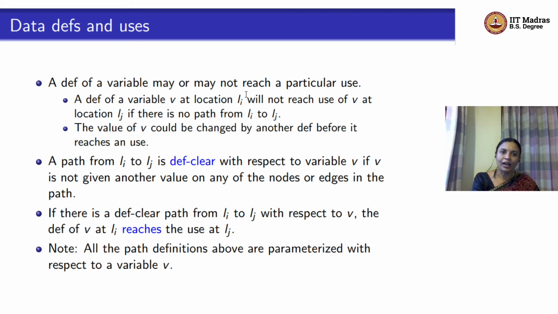Otherwise, we say the definition of the variable v does not reach the use at lj. It does not reach, meaning there could be no use or it could have been redefined.